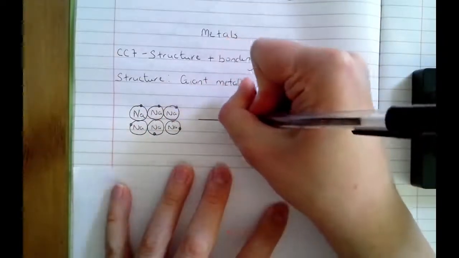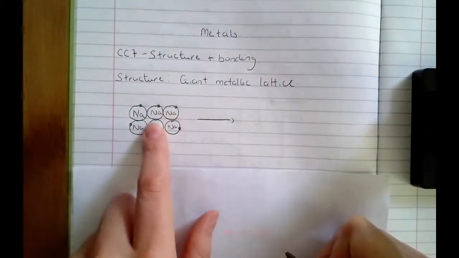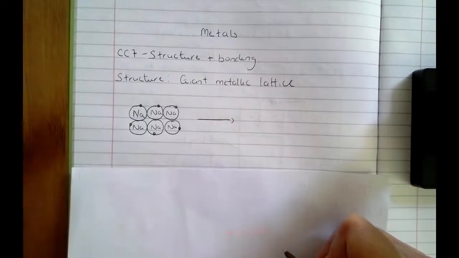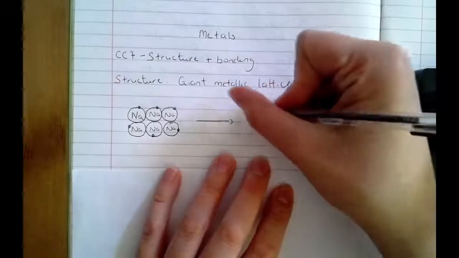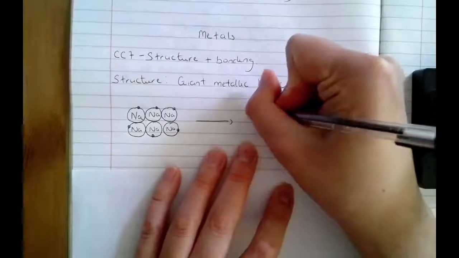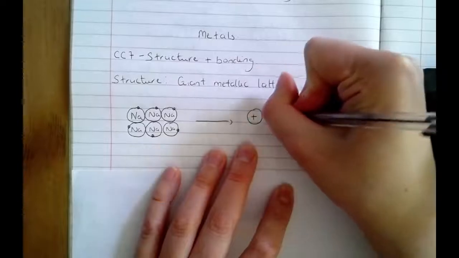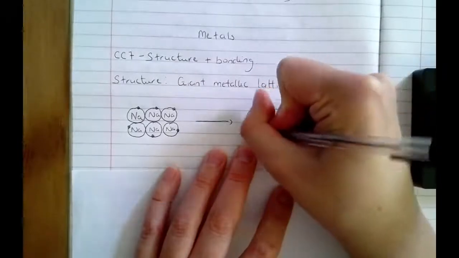But if your sodium is not reacting with another element, there's nowhere for those electrons to go. So what happens is your sodium atom will lose the electron and become a positive ion. So I'm going to draw all of these atoms again, but with a positive charge now.